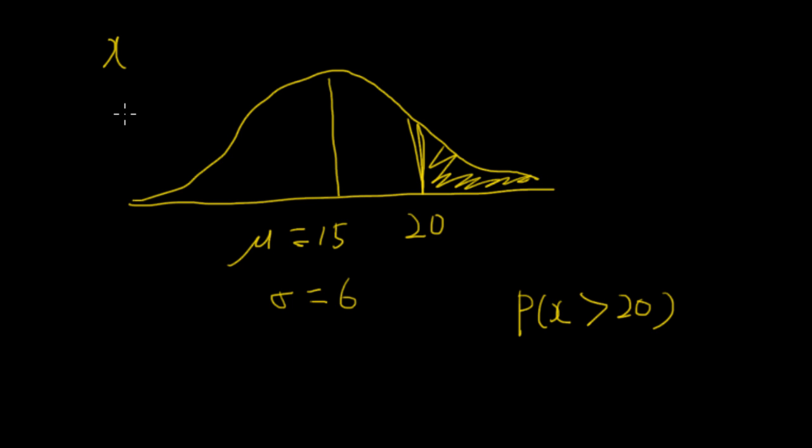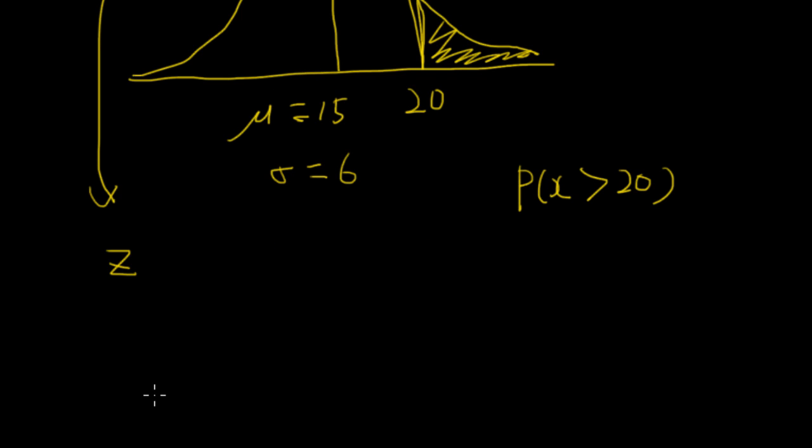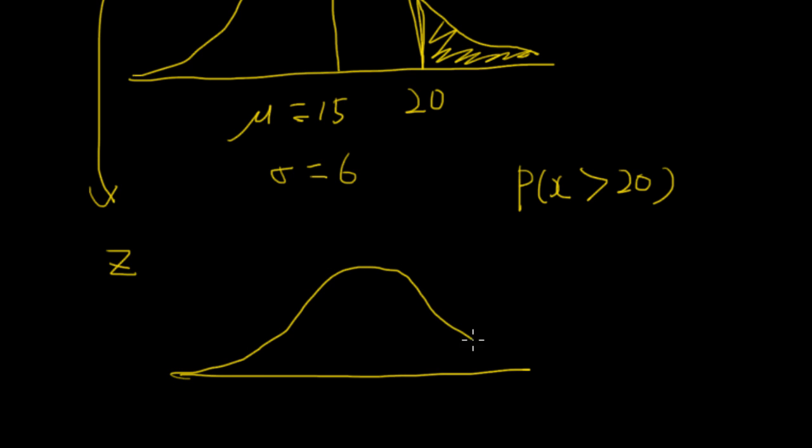Well, if it's a Z, then you know that the middle point is going to be 0 and the standard deviation is going to be 1, and that point 20 is going to be some number right there, and you want to figure out this proportion. But you don't know which point that is going to be yet.